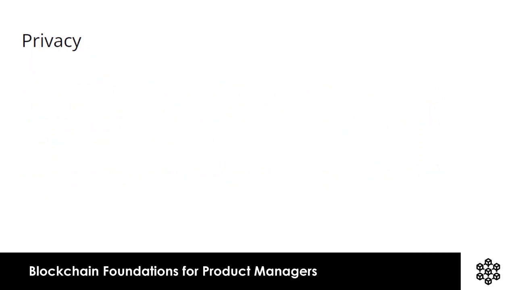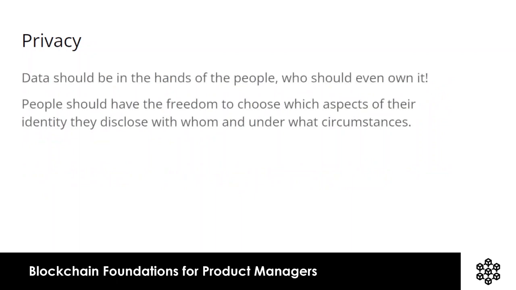Data should be in the hands of the people who should even own it. People should have the freedom to choose which aspects of their identity they disclose, with whom, and under what circumstances. Central databases in the public and corporate sectors have gathered a variety of private data about people and organizations, often without such people and organizations' knowledge.